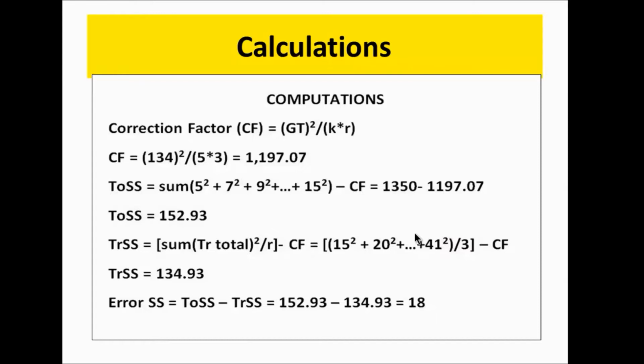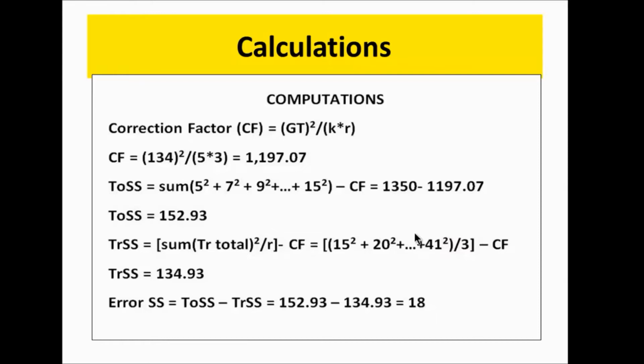So in this case, GT squared divided by K multiplied by R. K represents the number of treatments, R represents the number of replications. In other words, the correction factor will be 134 squared divided by the product of 5 and 3, and we will obtain 1197.07. That's the correction factor.